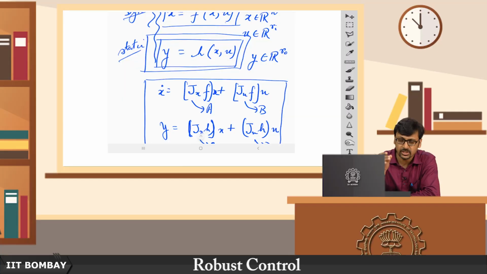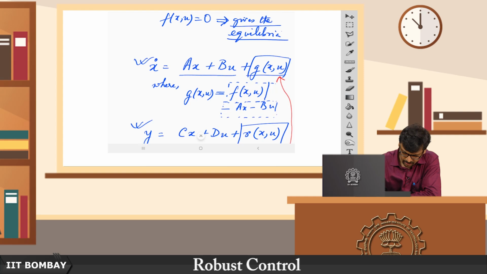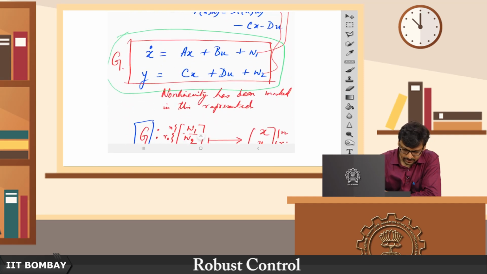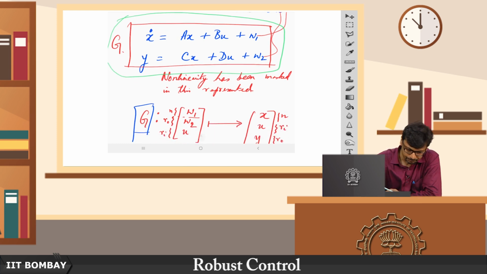So, we showed you that one way in which you could get a linear approximation of this nonlinear system is to linearize this system about some operating point or an equilibrium. And thereafter we saw that you have this G which is here boxed in this red color. This represented the linear part, from which the nonlinearity we managed to mask somehow.